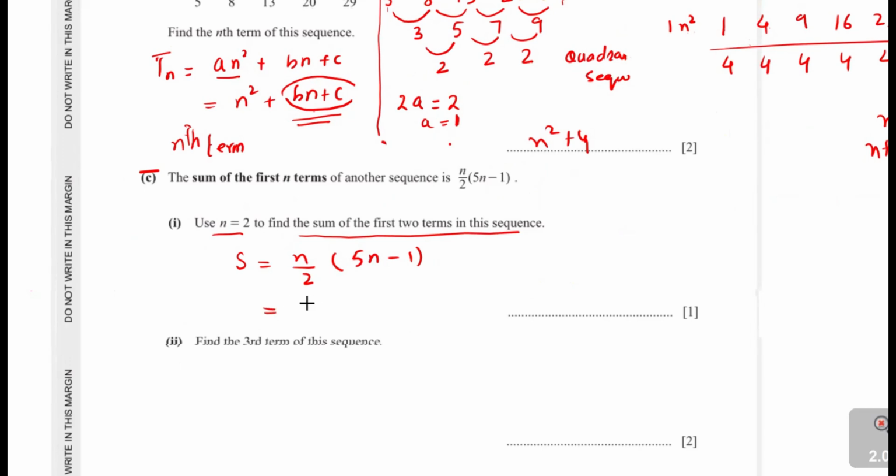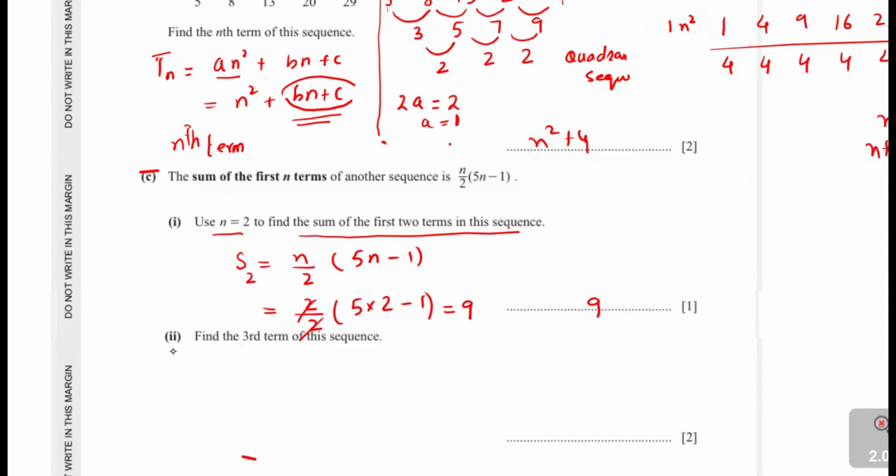Here n is 2, we write 2 over 2 into 5 into 2 minus 1. And this will be equal to 10 minus 1, which is 9. Therefore, the sum is 9.